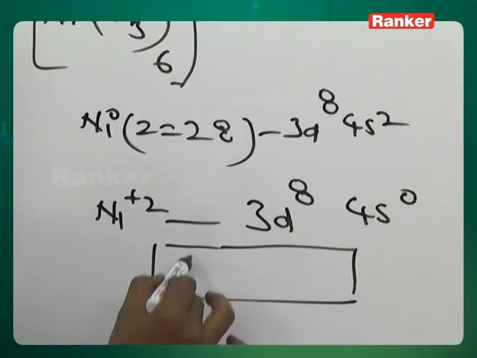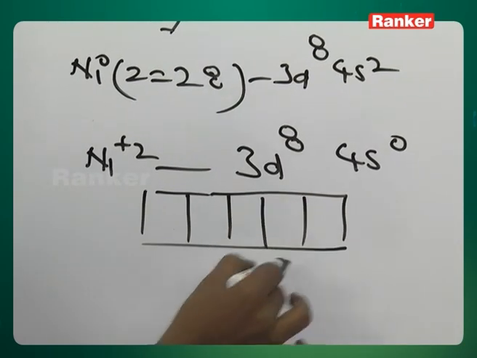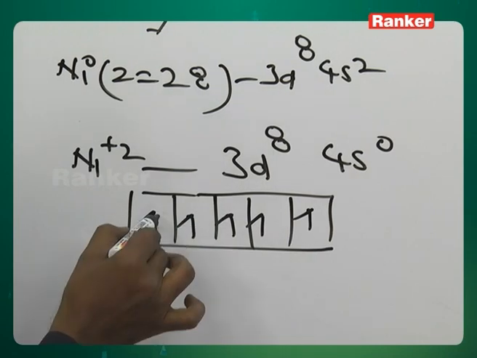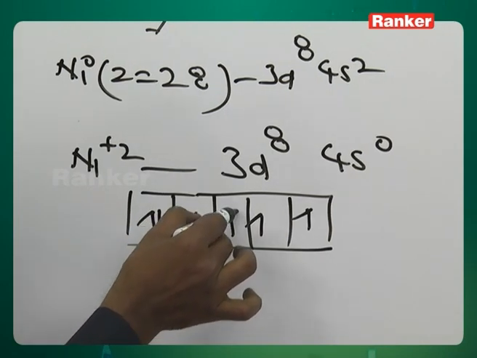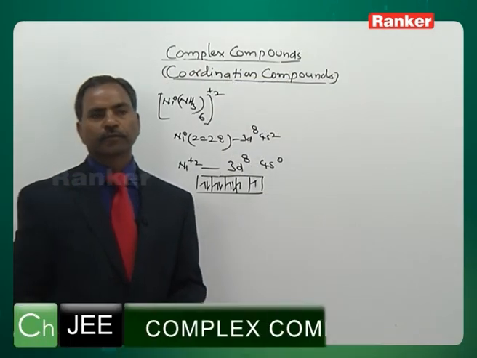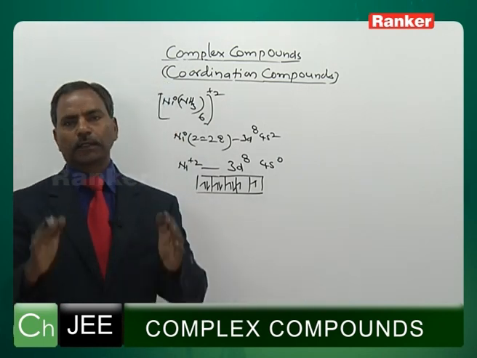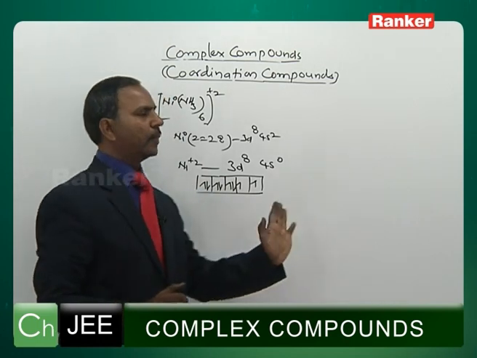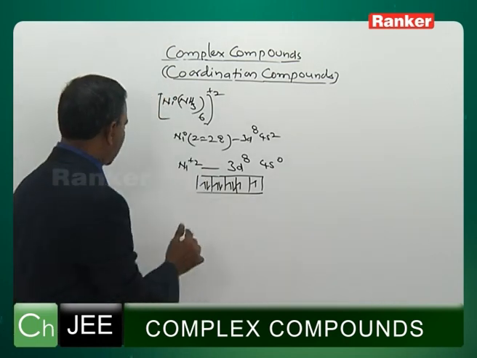The arrangement of 8 electrons in the d orbitals: 1, 2, 3, 4, 5, 6th electron, 7th electron, 8th electron. This is the arrangement of electrons in 3d8 configuration for nickel plus 2 in the free metal ion. Now let us write the complex.